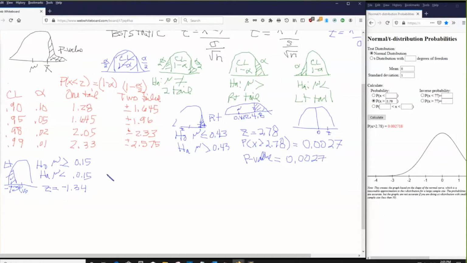So we're going to do the same formula that we did before. Now I'm looking for x to be small, so I'm going to plug in minus 1.34. That's going to give me a probability of 0.09012. Okay? So that's going to be my p-value.